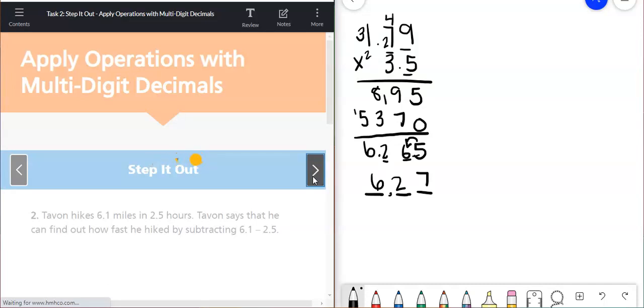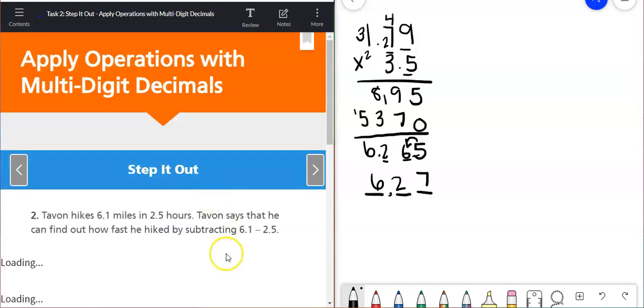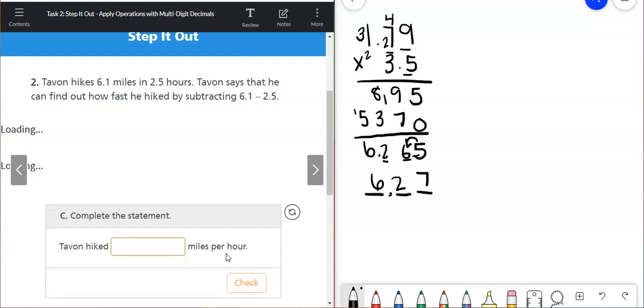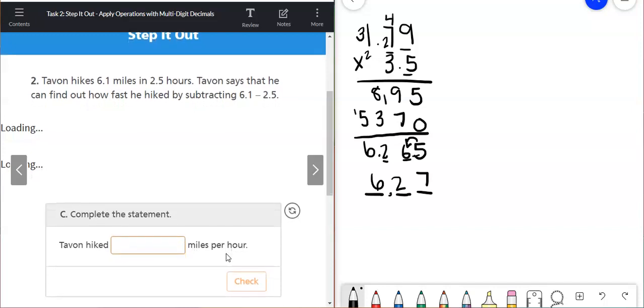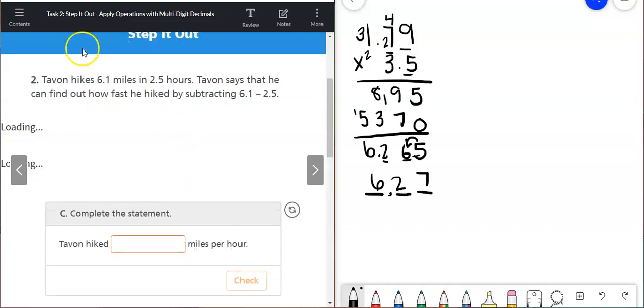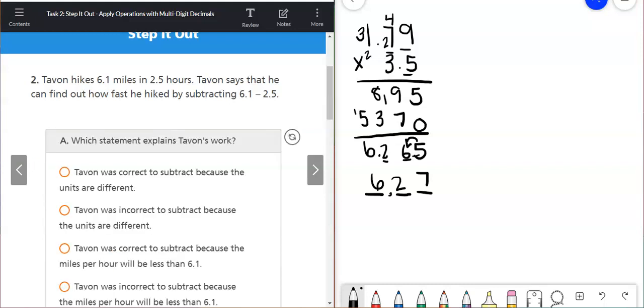Tavon hiked 6.1 miles in 2.5 hours. Tavon says that he can find out how fast he hiked by subtracting 6.1 minus 2.5. Which statement explains Tavon's work?